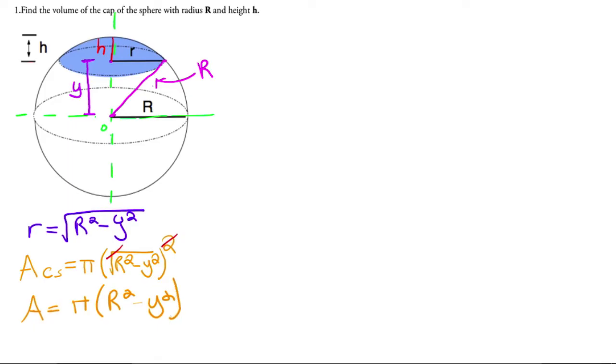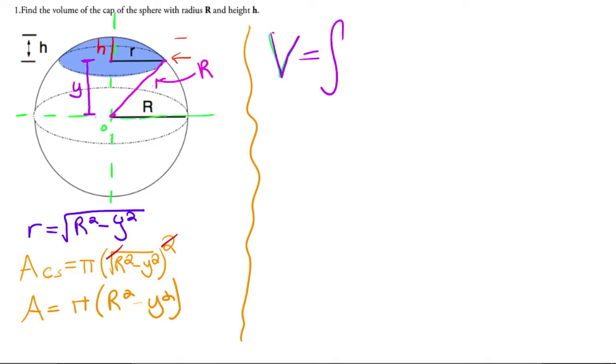So what this means is that the volume, sorry, let me pick a different color here, purple. The volume is equal to the integral. Now here you have to be a little bit careful. Notice that your cap goes from here to here, and so the limits of integration are going to be the y values that this corresponds to based on where I put my axis.